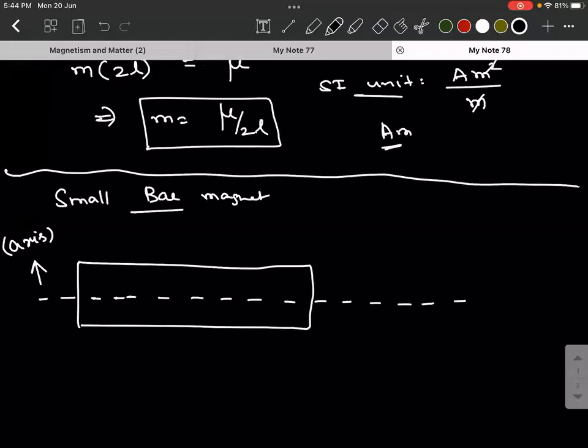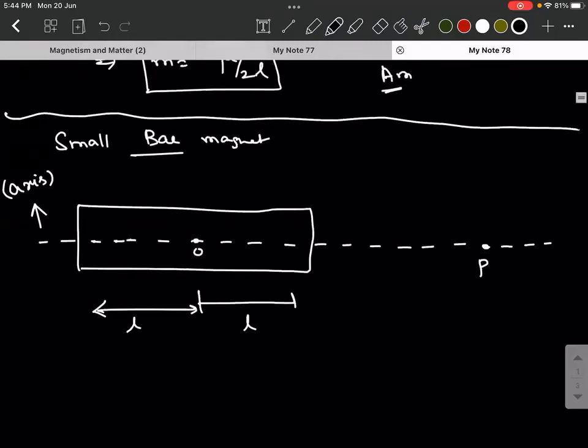Correct? So if I take this point as P, I have the total length to be 2L. I'll take the center as the origin, so that this distance is L and this distance is L. And let this be the south pole and let this be the north pole. Okay. So is it clear till this step?